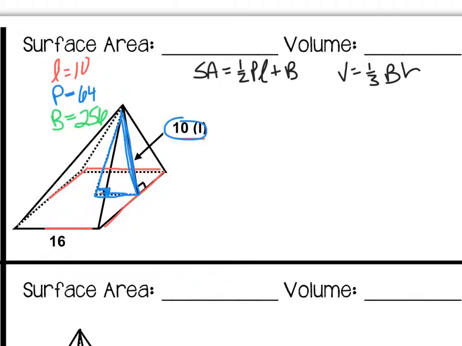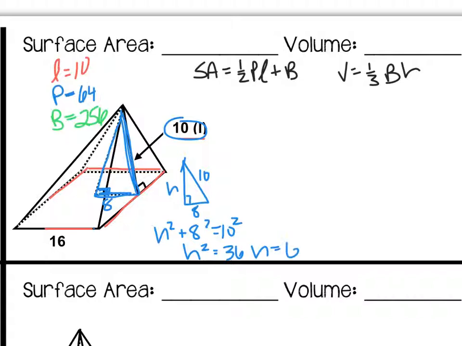And I know that the bottom side is going to be 8 because the whole side is 16 and half of that would be 8. In other words, here's my right triangle, even though it looks kind of funky. So h squared plus 8 squared equals 10 squared. So h squared equals 36, which means h equals 6.